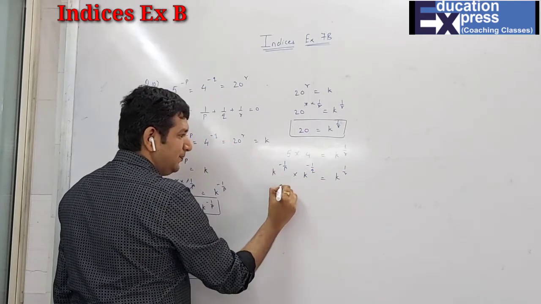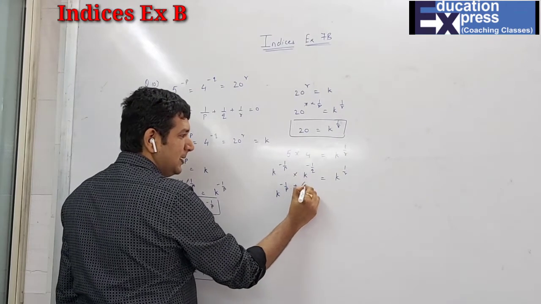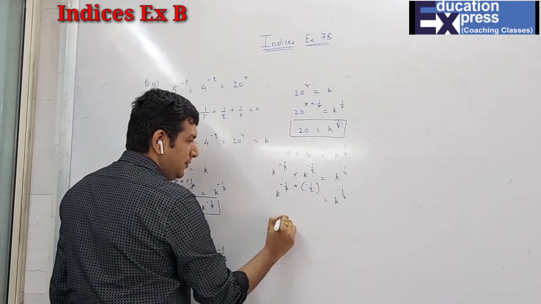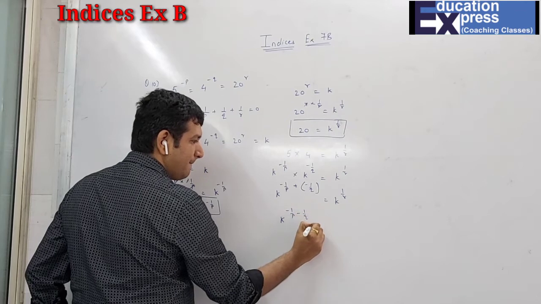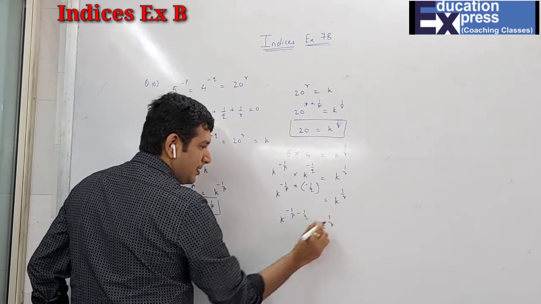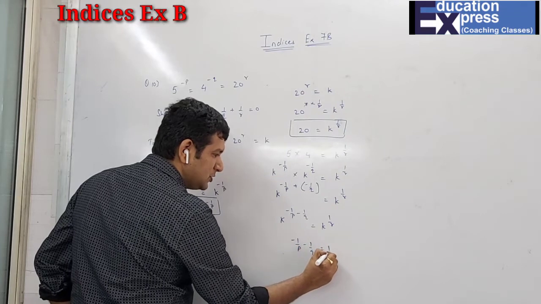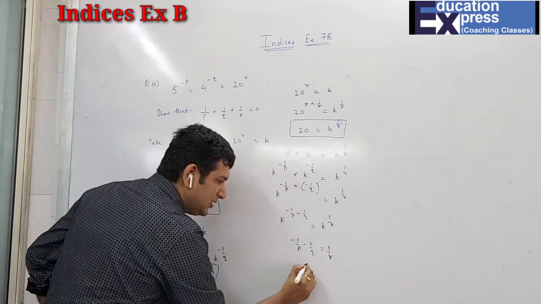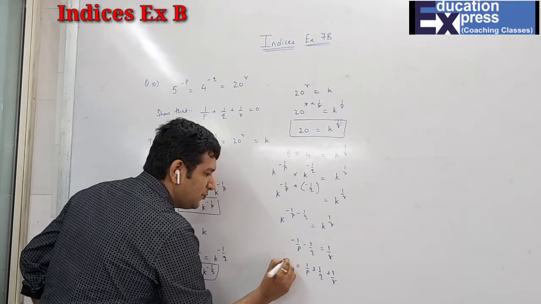So k raised to minus 1 upon p, obviously multiplication, then plus minus 1 upon q equals to k raised to 1 upon r. Bases are same. So minus 1 upon p minus 1 upon q is 1 upon r. I want everything positive, so everything will go on this side, and hence it's proved equals to 0.